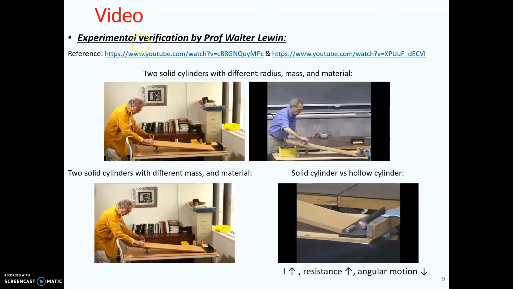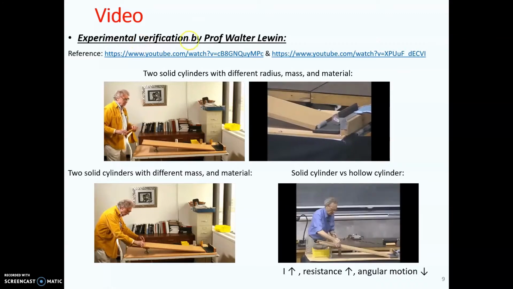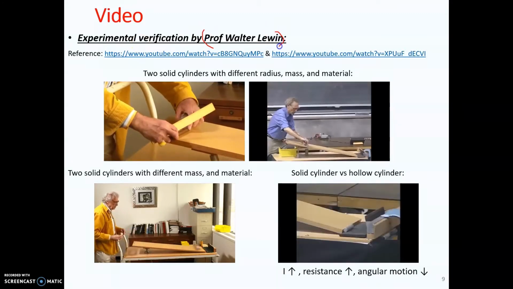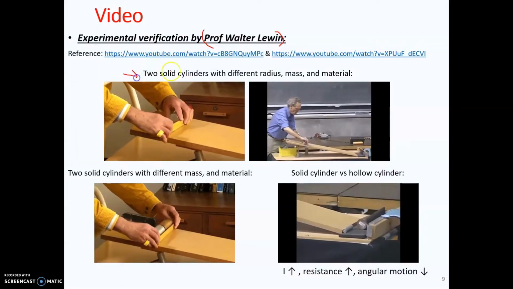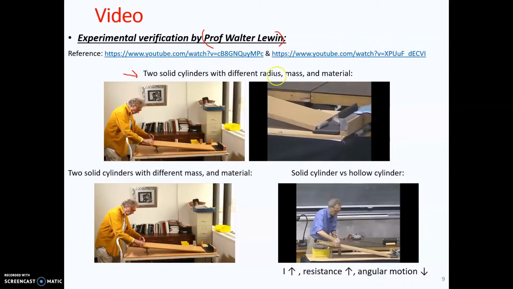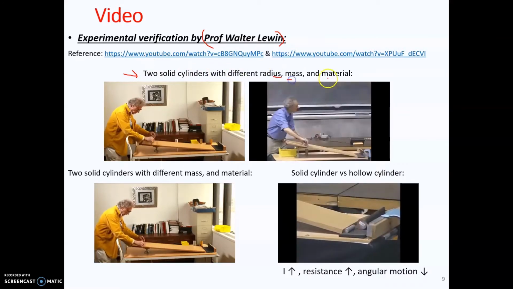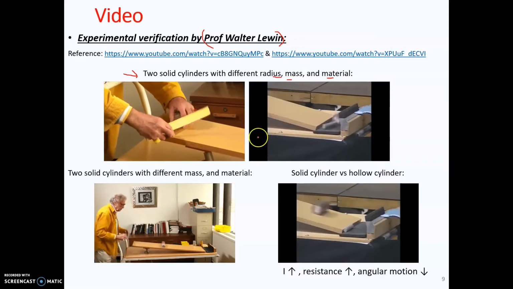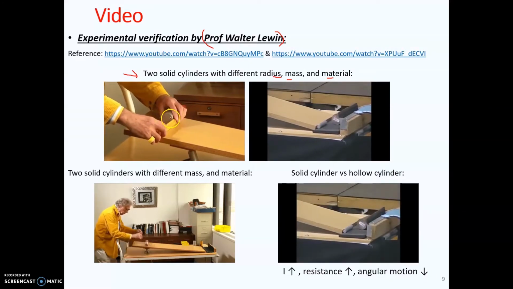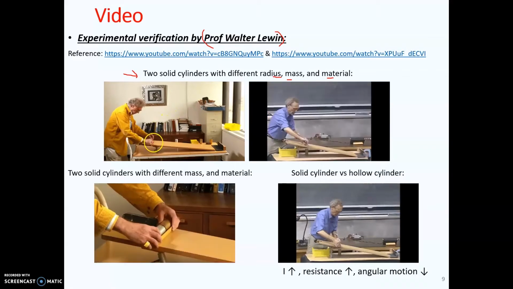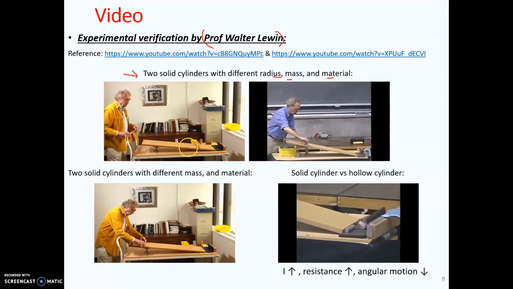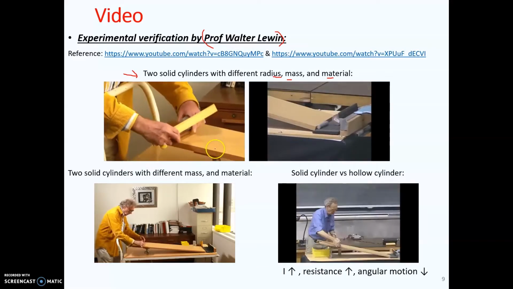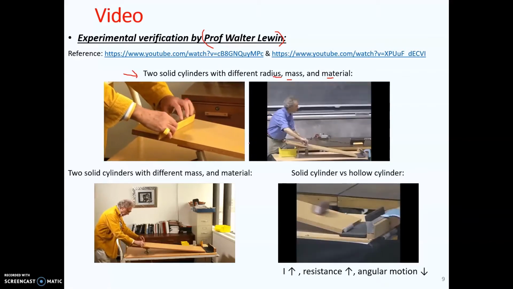This is the experimental verification performed by Professor Walter Lewin, where you can see two solid cylinders with different radius, mass, and material rolling down to the ground. Let's see which object will win. So you can see both of them reach the ground simultaneously.